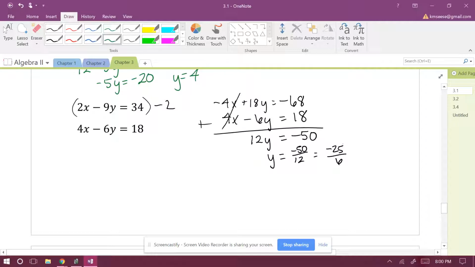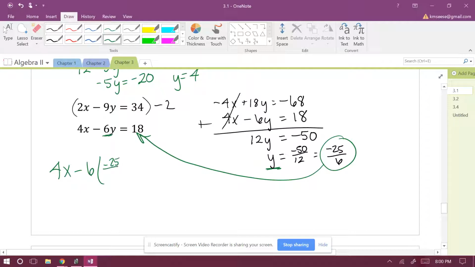So now I'm going to take this y equals negative 25/6, and I'm going to plug it into this equation so that when I multiply here, my 6's cancel out. So now I have 4x minus 6 times negative 25/6 equals 8.